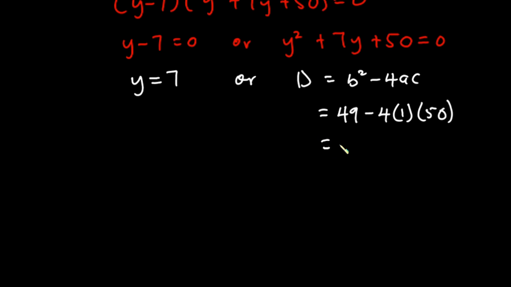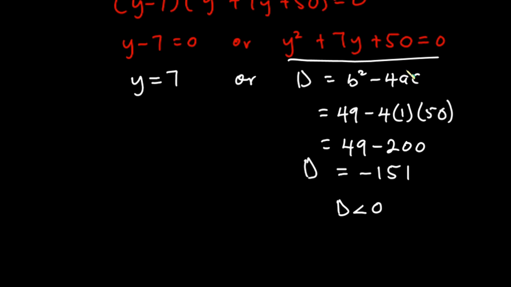And this is equal to 49 minus 4 times 1 times 50, which is 200. So it means that we have D to be negative 151. And we see that D is less than 0. So it means that this equation has no real roots. So the final answer to this problem is y is equal to 7.